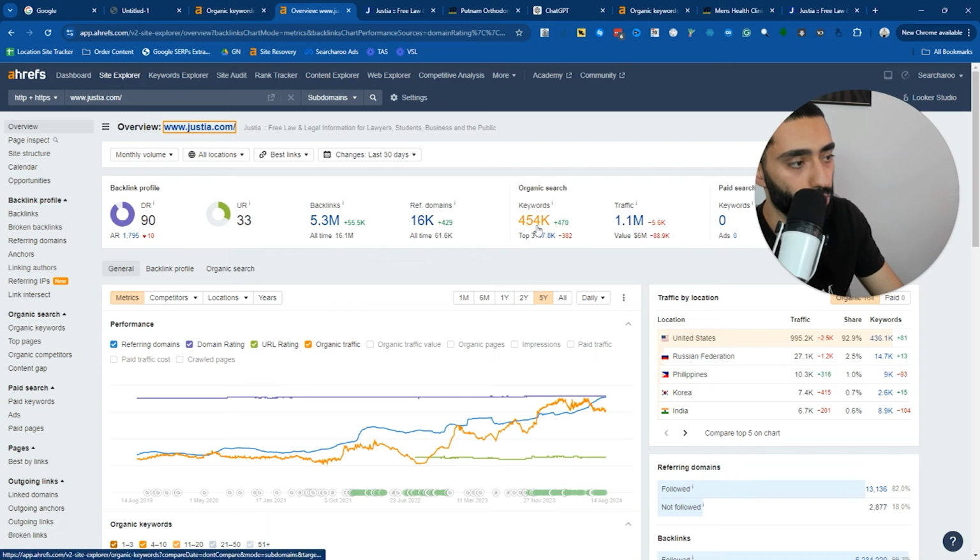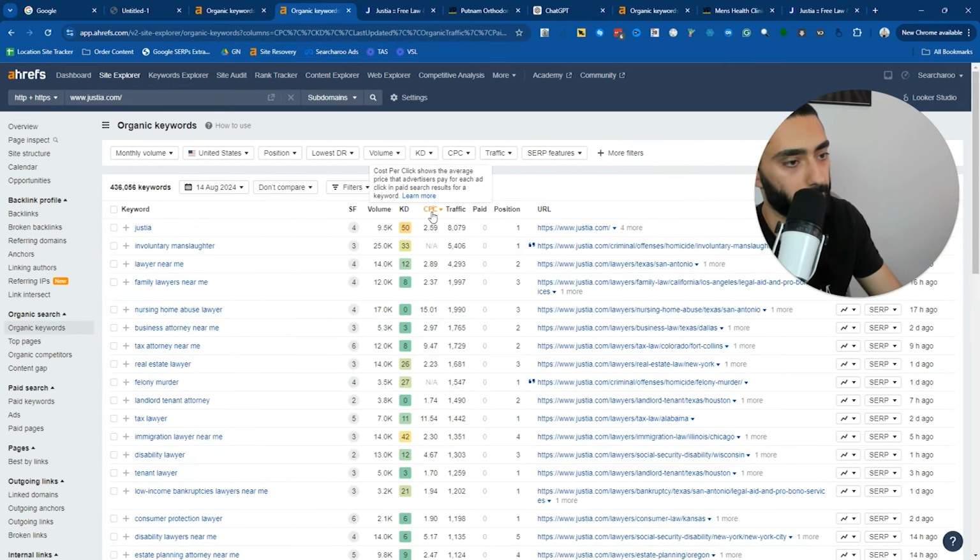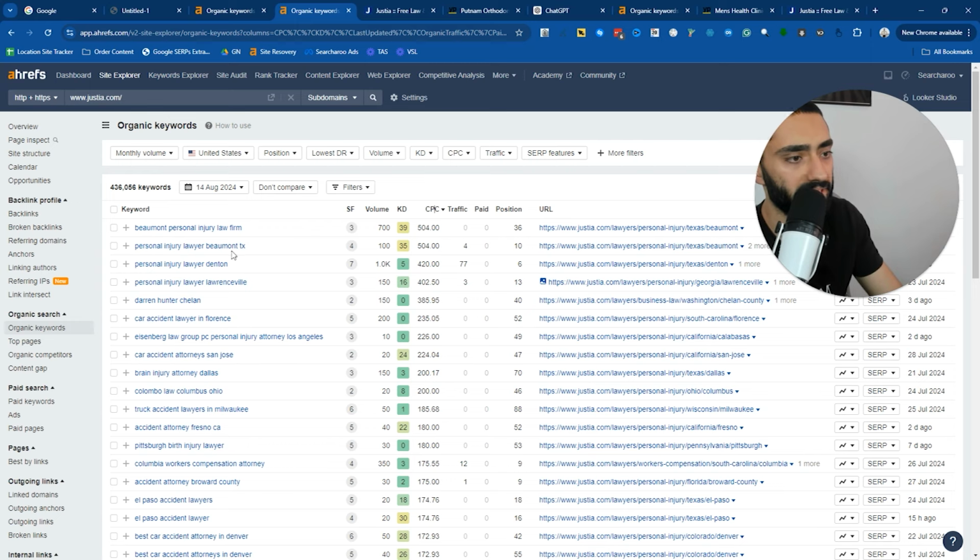What you can do is look at their keywords and sort by cost per click and find out where the best areas are. For example, personal injury lawyer Denton gets 1,000 searches, and the keyword difficulty is not too crazy. So you could go after certain keywords like that as well.